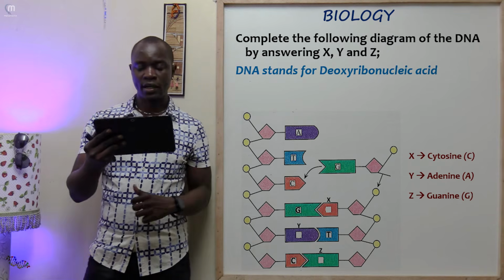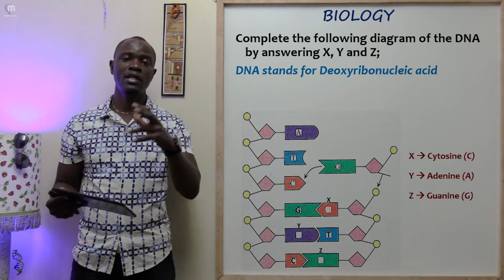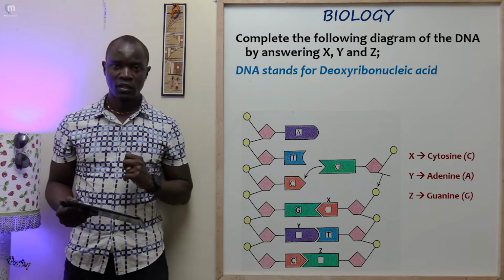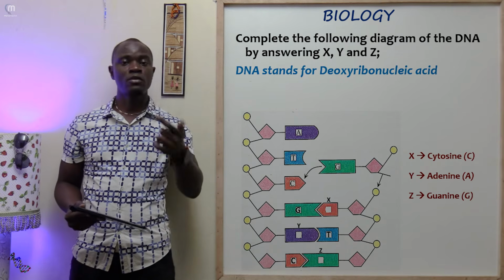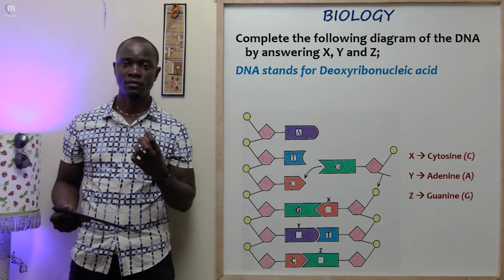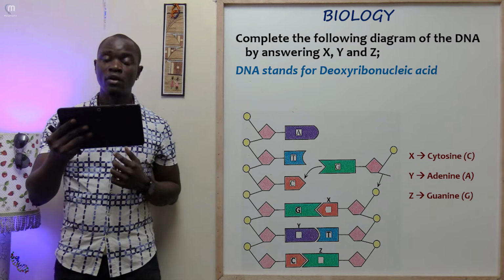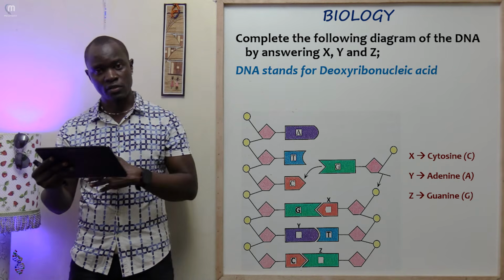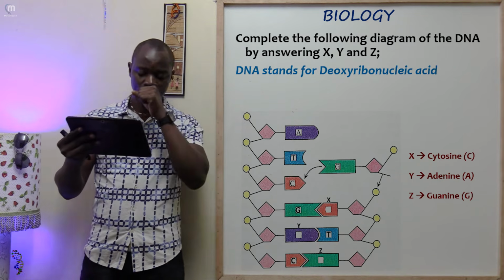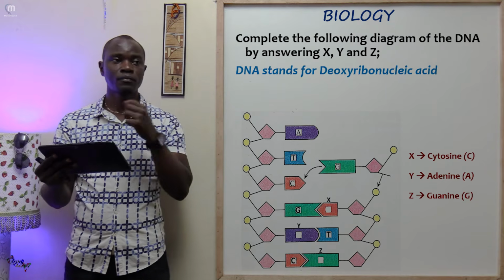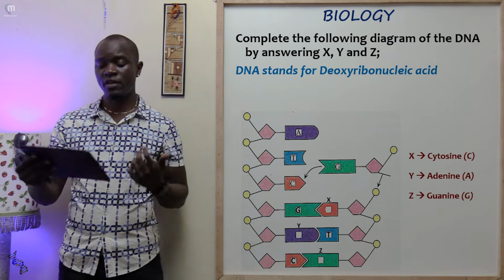According to this diagram, we should know first of all that in the DNA, the nucleotide adenine combines with thymine, and guanine combines with cytosine, and vice versa. So anywhere we see guanine, we put cytosine. Anywhere we see thymine, we put adenine. And anywhere we see cytosine, we put guanine, and vice versa.